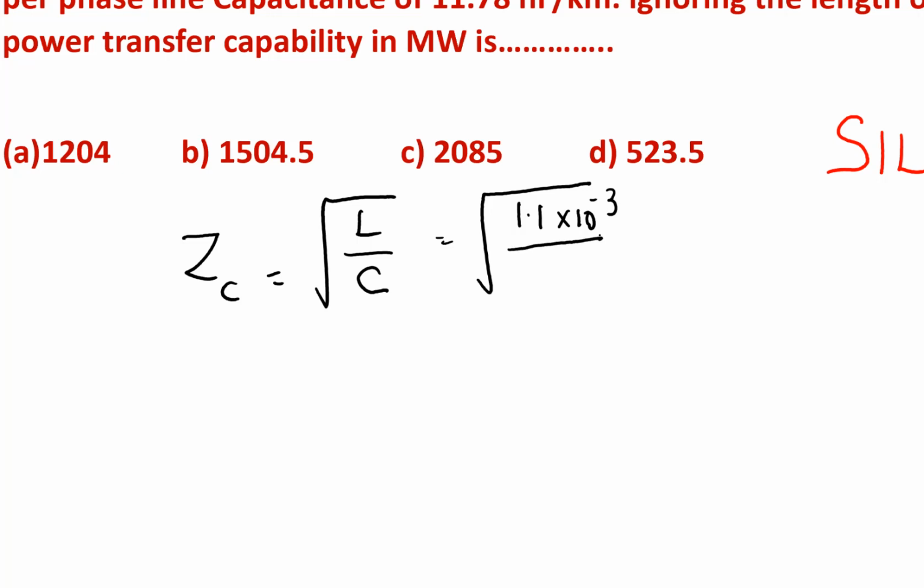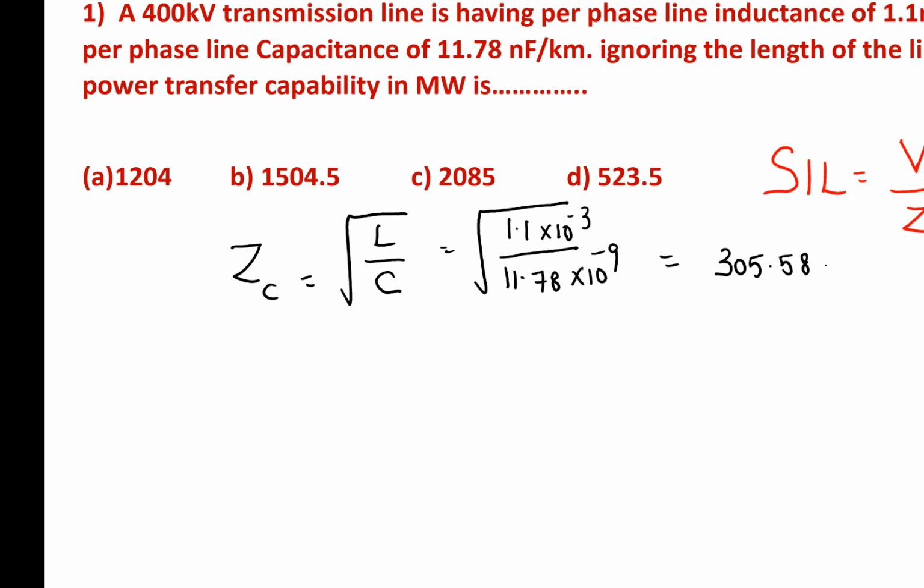And the per phase line capacitance is 11.78 into 10 to the power of minus 9. If you compute this, you're going to get 305.58 ohm. So this is the characteristic impedance of the transmission line.